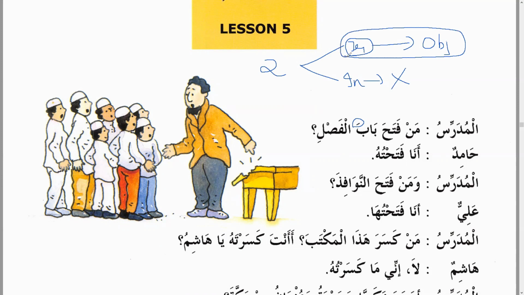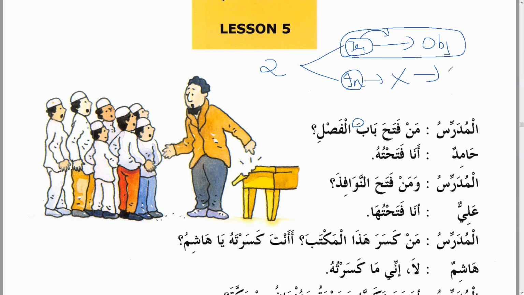What is transitive? Transitive is a verb which takes an object, and the effect transfers to the object, right? But intransitive, like he went, he sat, and so on, the effect doesn't transfer to others. It's called lazim.